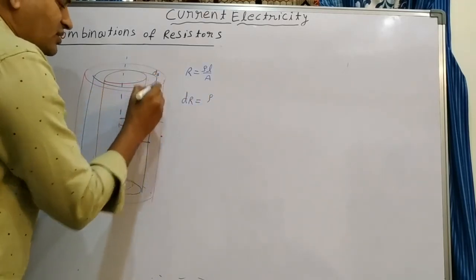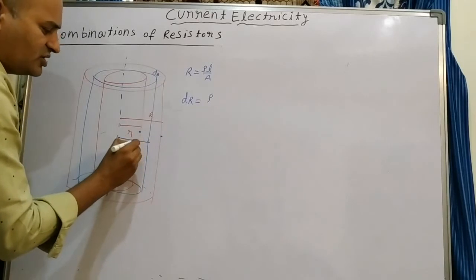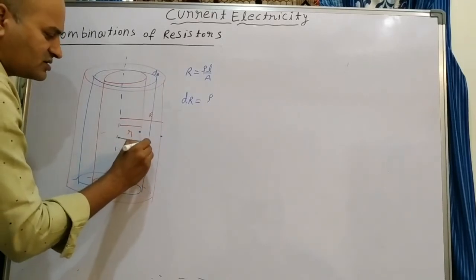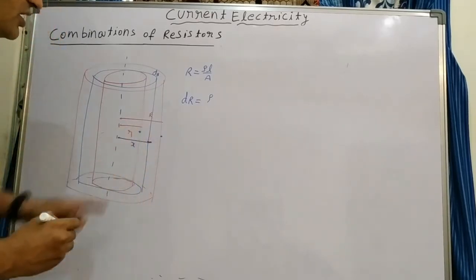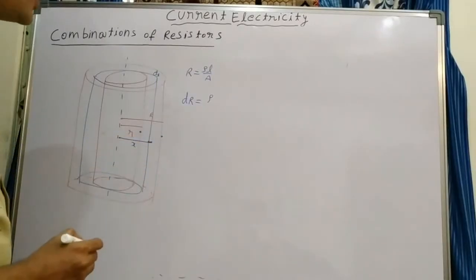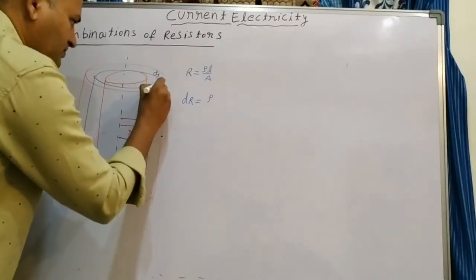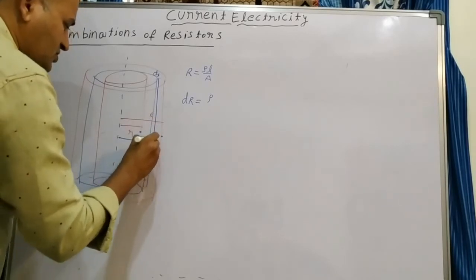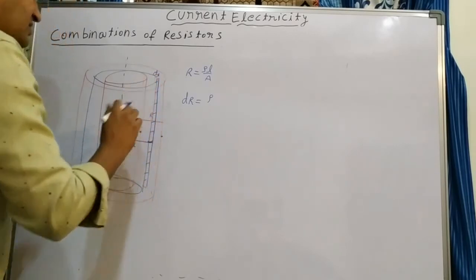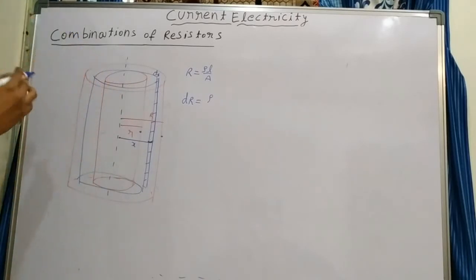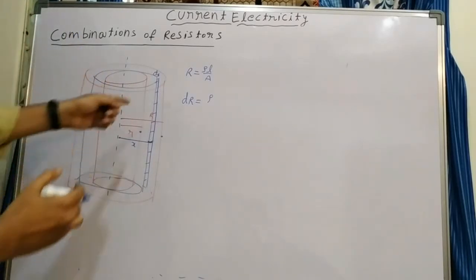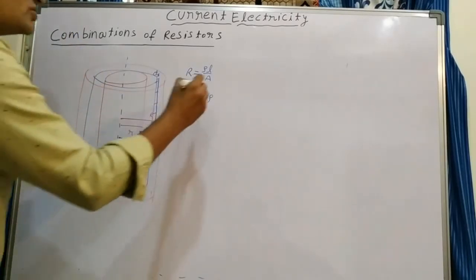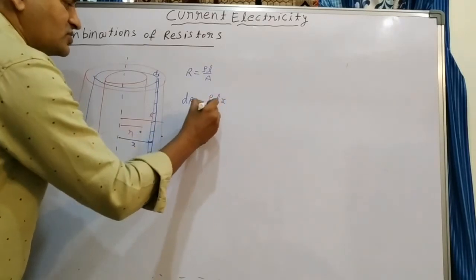Length means through what distance it travels. Here to here is x distance, and the current travels dx distance. A cylindrical tube we are assuming inside, which has thickness dx, so the length is dx.